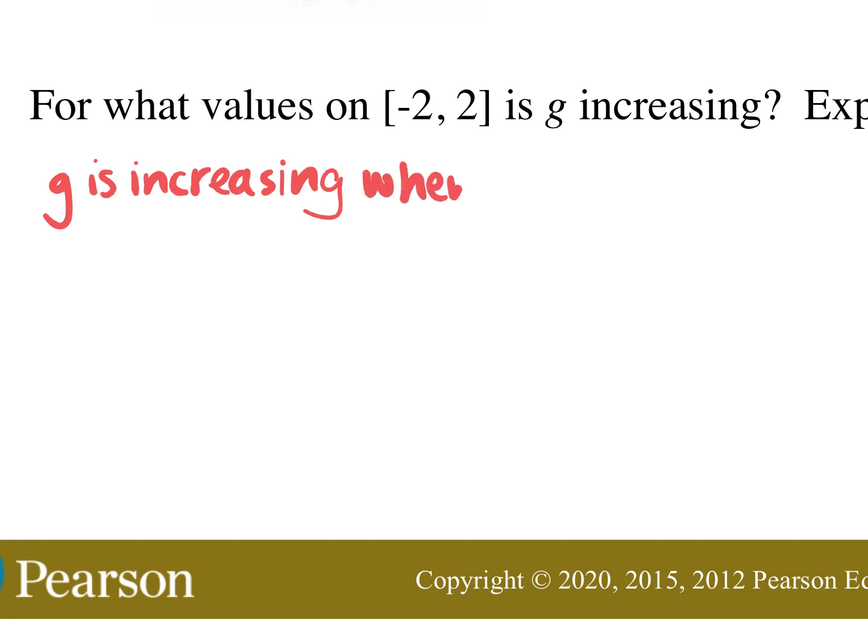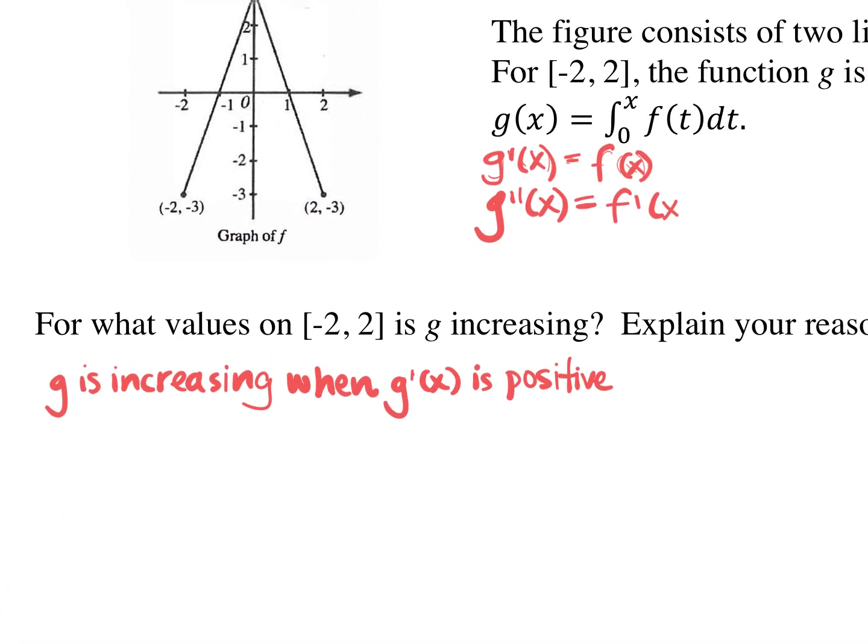Let's answer the when first. G is increasing when what happens? When G prime is positive. That is the blanket statement. G increases when G prime is positive. Now, looking back, I'll put a box around it again. What is equivalent to G prime?